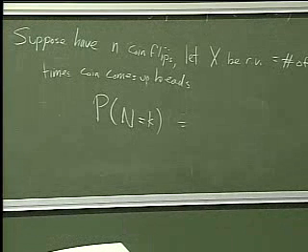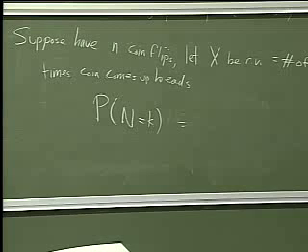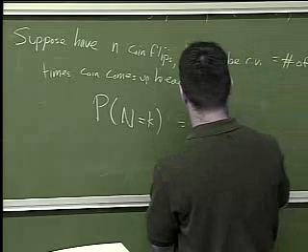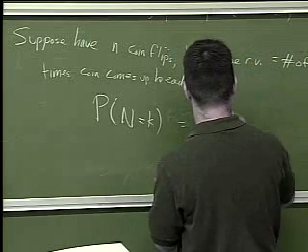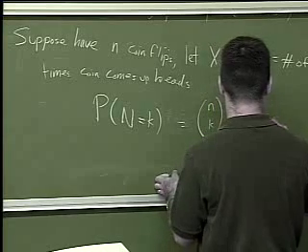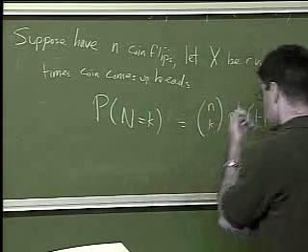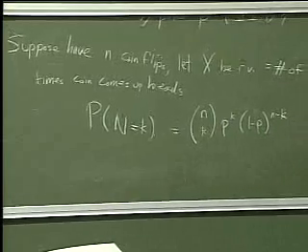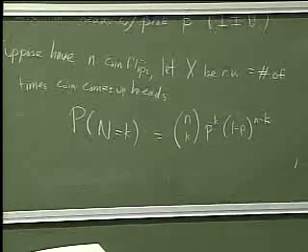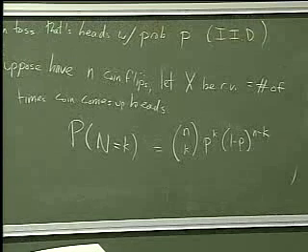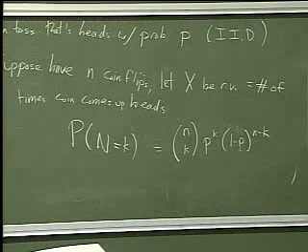Anyone? Yeah. n choose k, p to the power k, times 1 minus p to the power n minus k. Why? Because you choose k places in n to put these k heads.